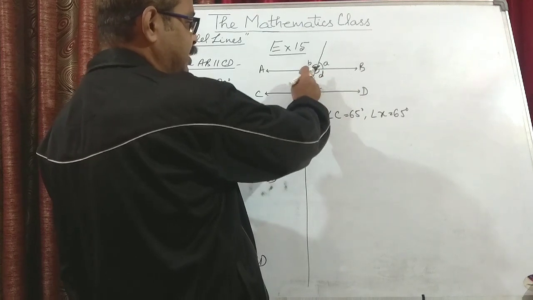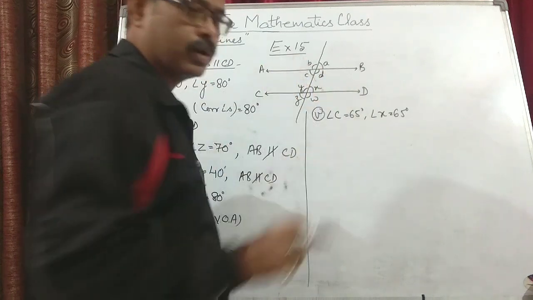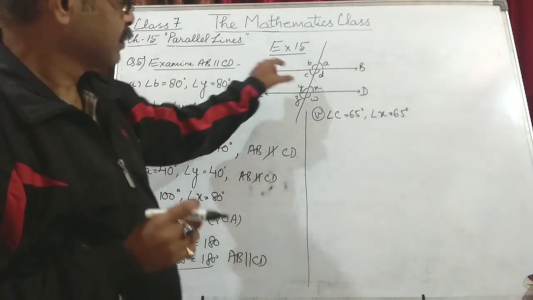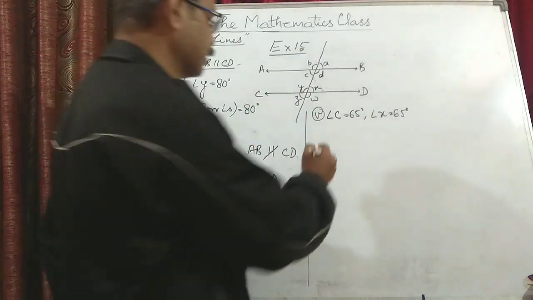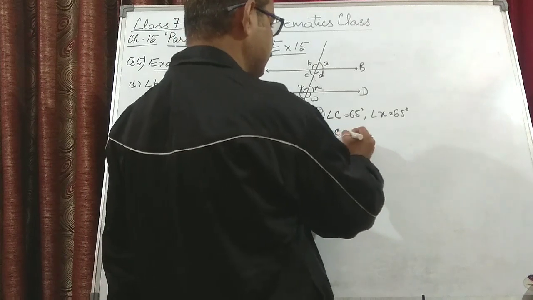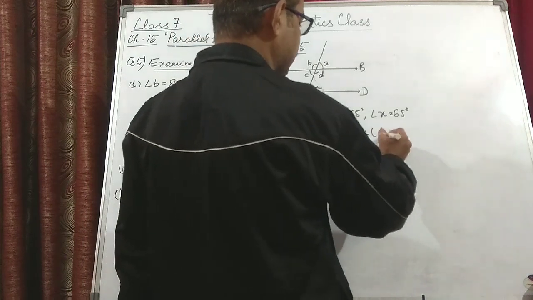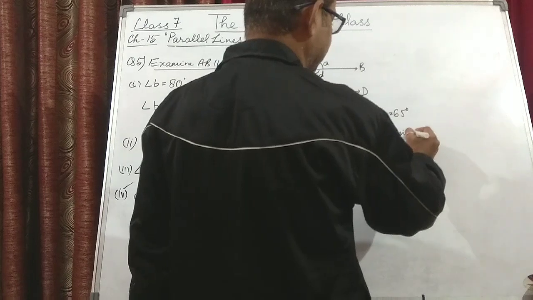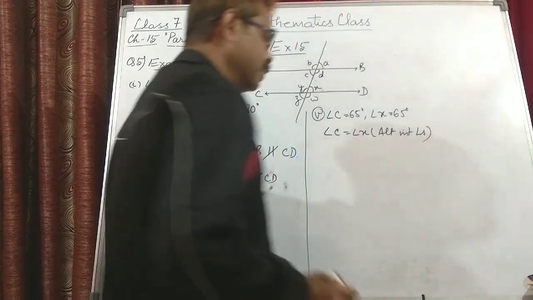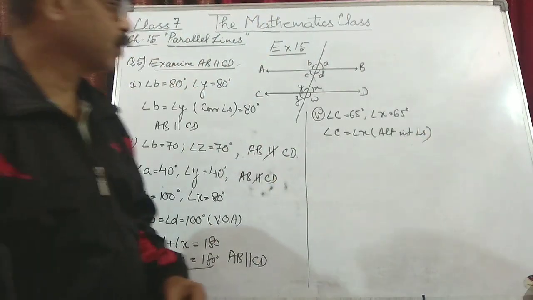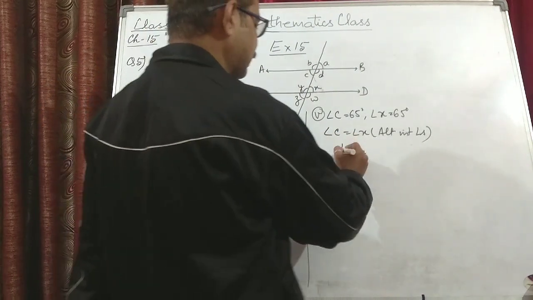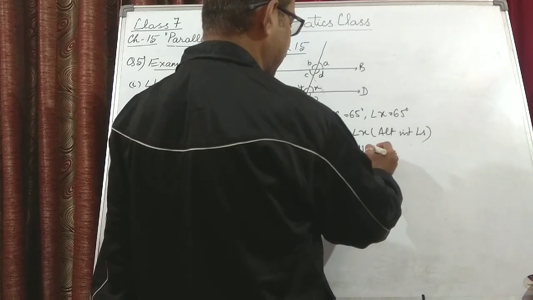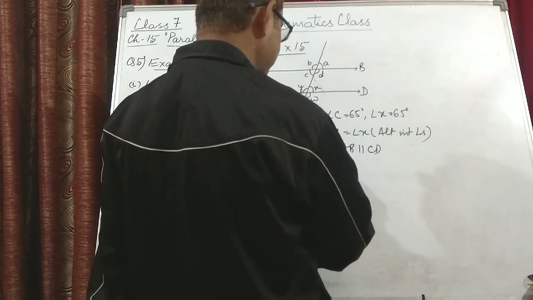You can see that these two angles are equal and they are alternate interior angles. Alternate interior angles are equal only when two lines are parallel. So we can say that AB is parallel to CD.